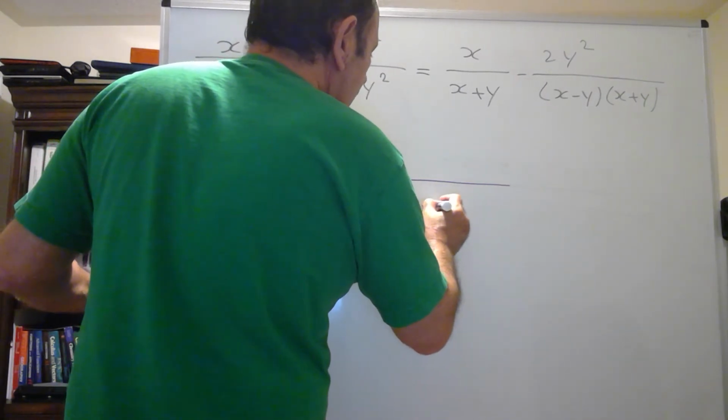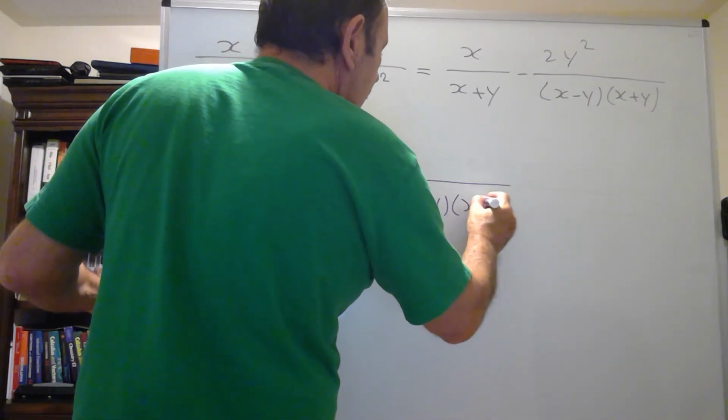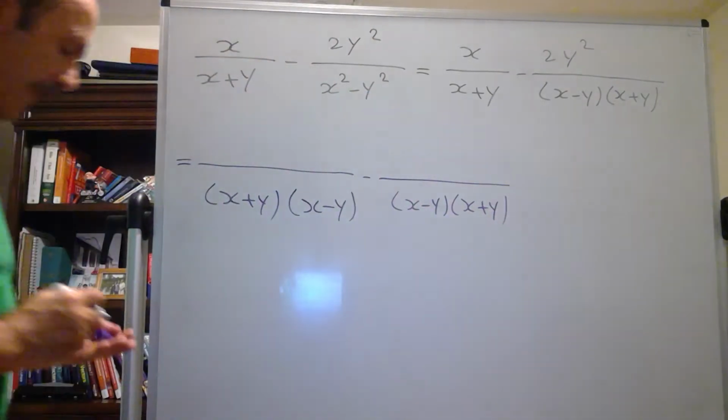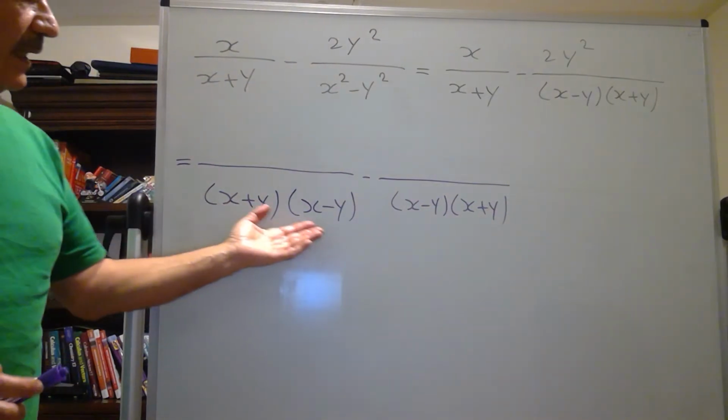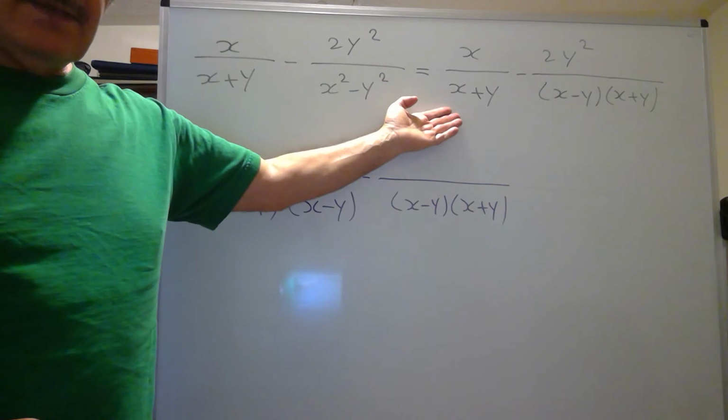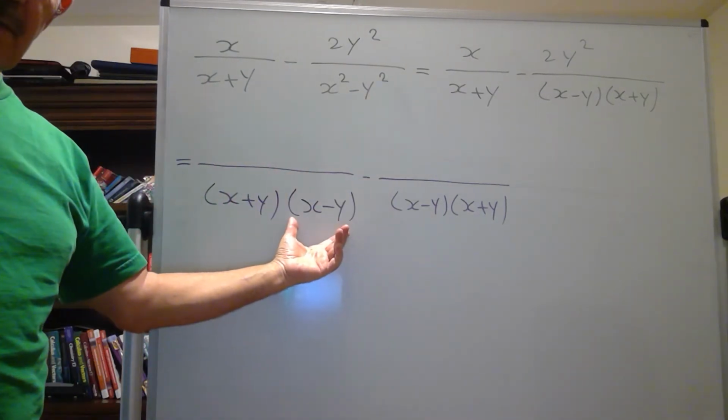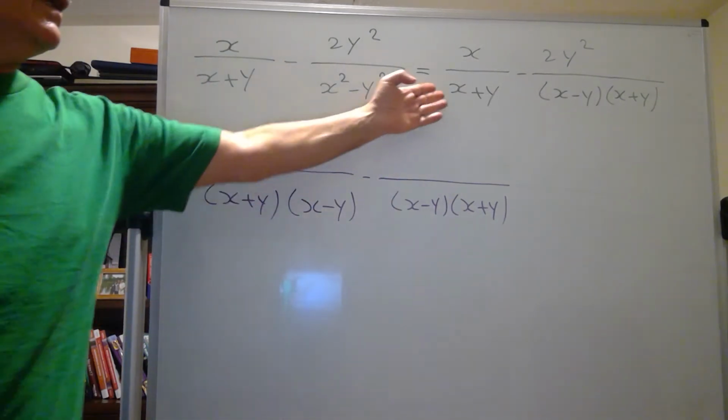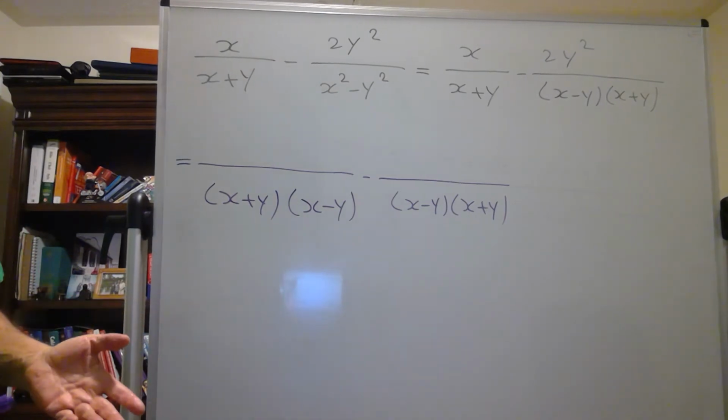Okay. Now, rewrite the other fraction. x plus y, x minus y divided by x plus y. The remaining part is going to be x minus y, because x plus y and x plus y cancel each other when we are dividing.